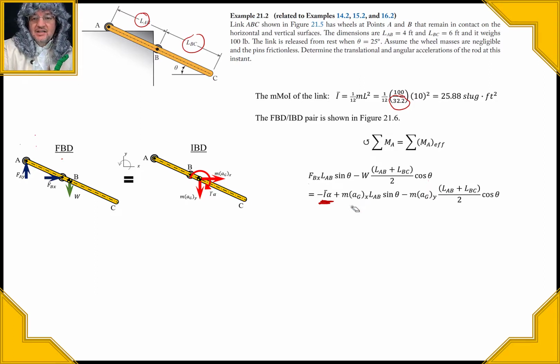And I believe that this should probably have been in the opposite direction right here. But we'll proceed. And then we have mass here. So this is mass times the acceleration in the x direction. So that was going that way, so that was positive, right?